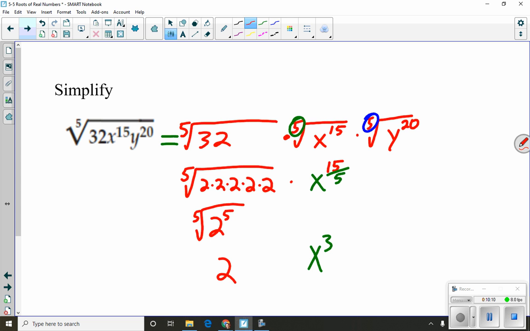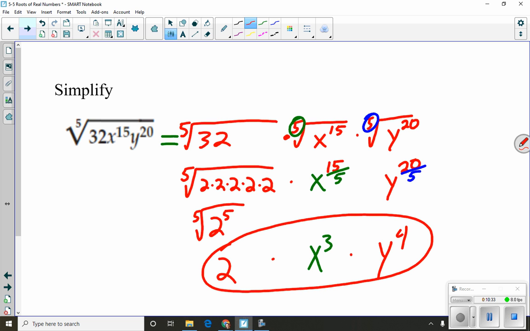So I get y to the 20, but then divide that 20 by 5. How many groups of 5 could I make if I had 20 y's? It's a whole heck of a lot of them, and I really don't want to write them all out. So 20 divided by 5 is just y to the 4. Now you can put them all back together, and your final answer is going to be 2x cubed y to the 4.